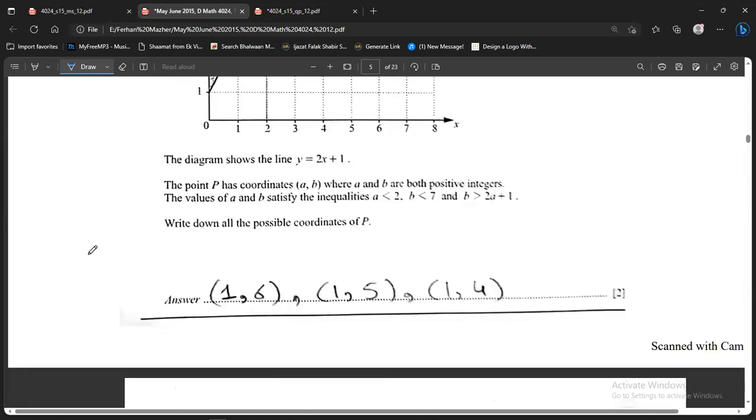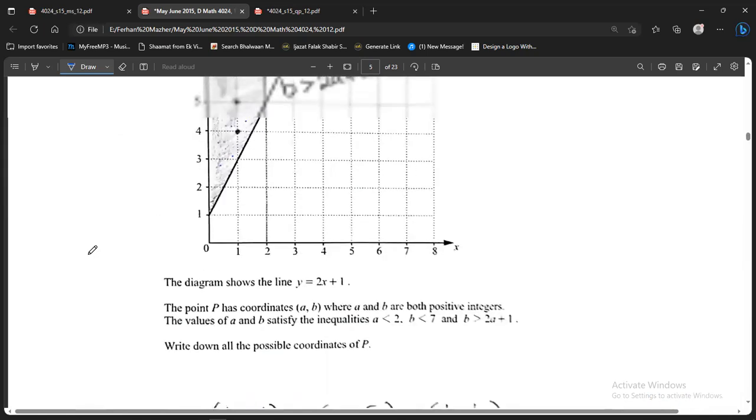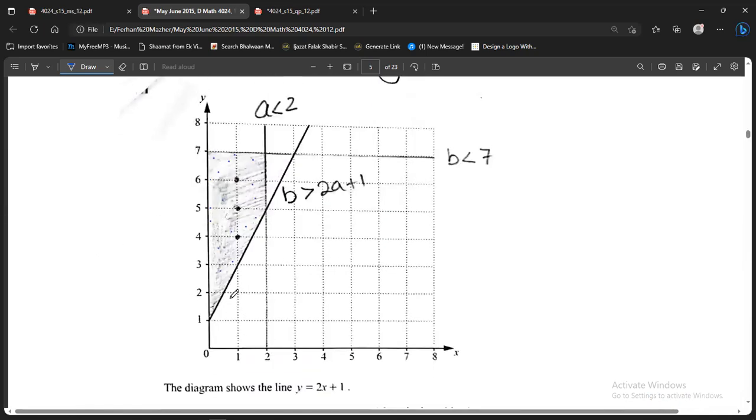So the question is, write down the possible values of P, and P has integer coordinates. So the points inside this area which have integer coordinates are (1, 4), (1, 5), (1, 6).